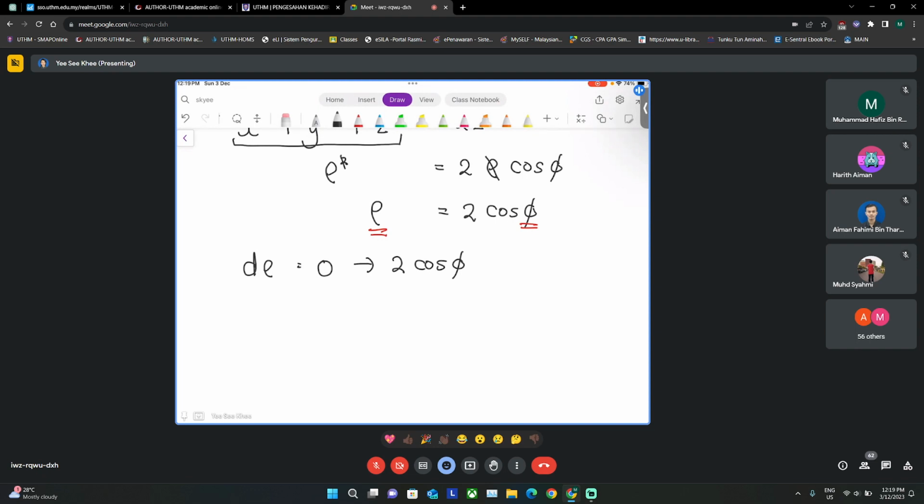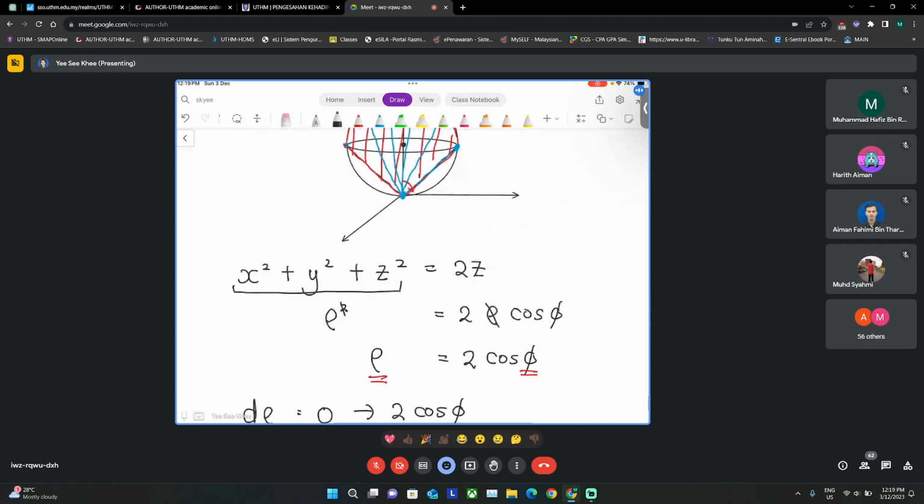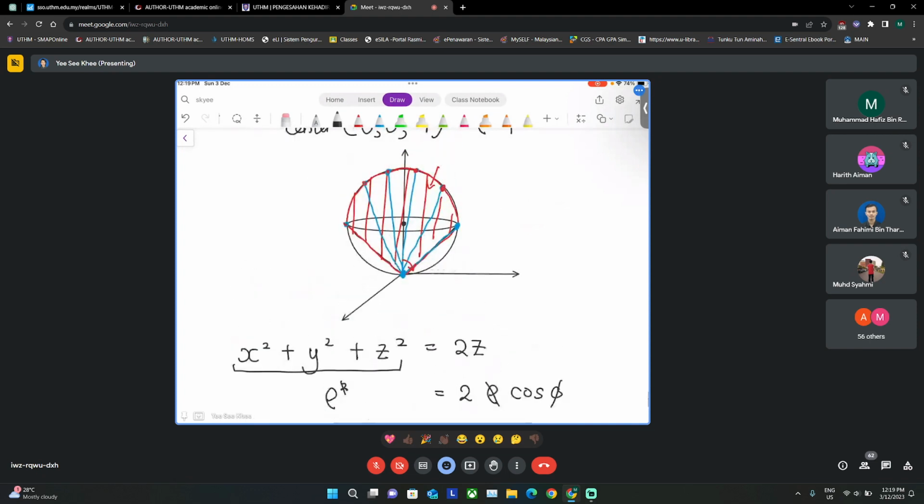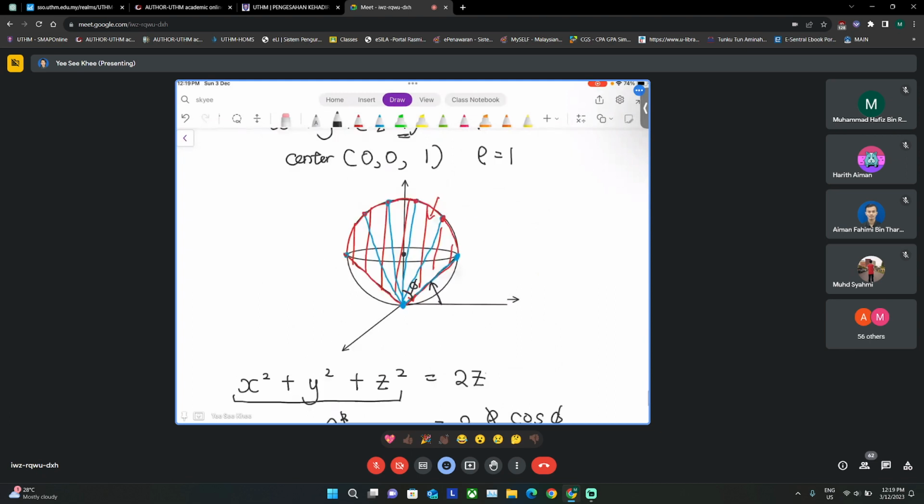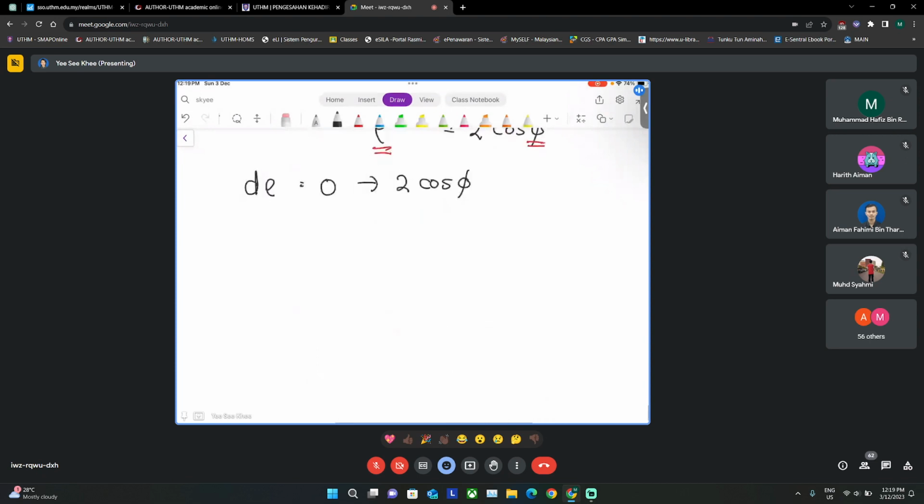Now it's about the phi. Now you're going to define the d phi. The d phi depends on the opening of your cone. What is the phi of this cone? You know the equation of your cone, right? The equation of your cone is z equals the square root of x squared plus y squared.